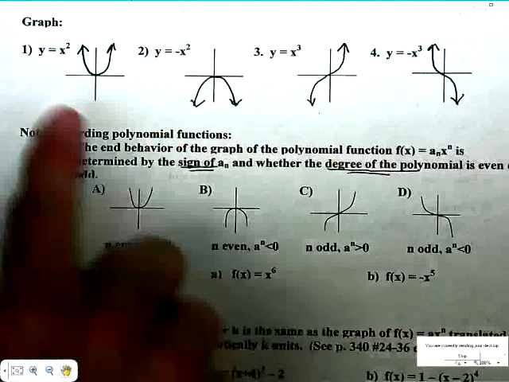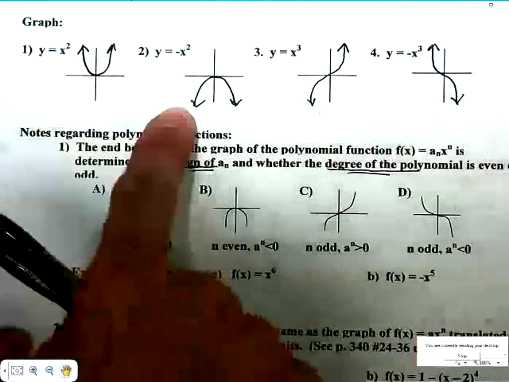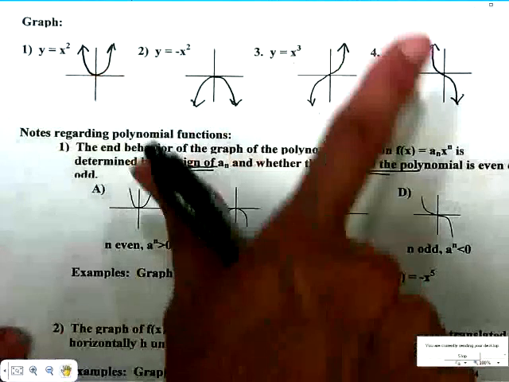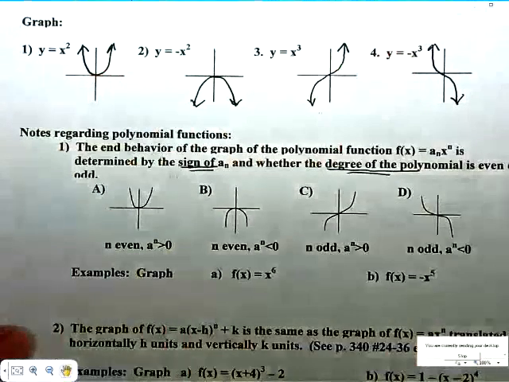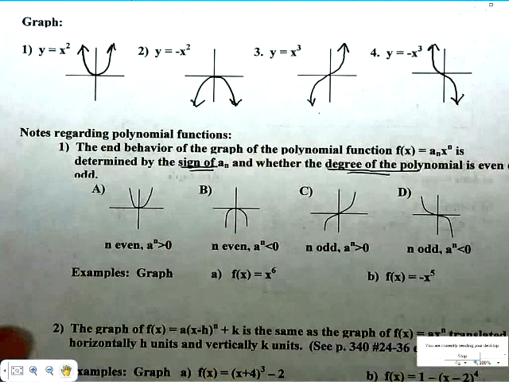These are really the only things that can happen on the end. Either both ends go up, both ends go down, it goes down on the left and up on the right, or up on the left and down on the right. That end behavior is determined by whether the leading coefficient is positive or negative and whether the highest exponent is even or odd.